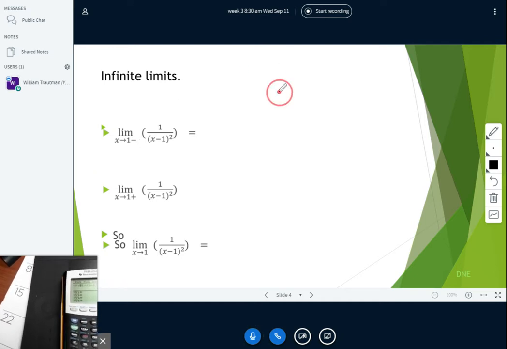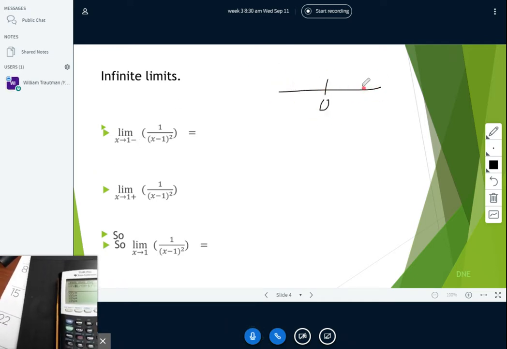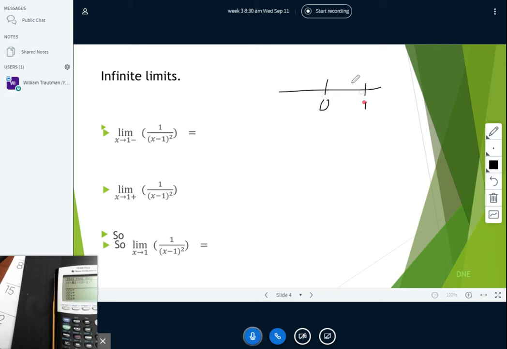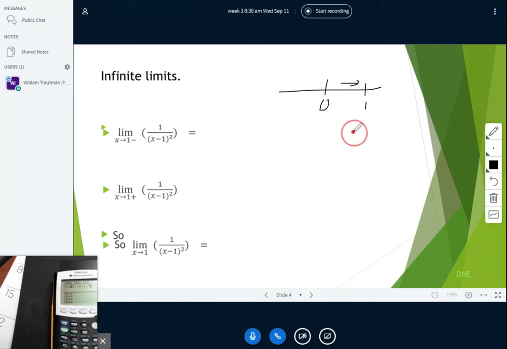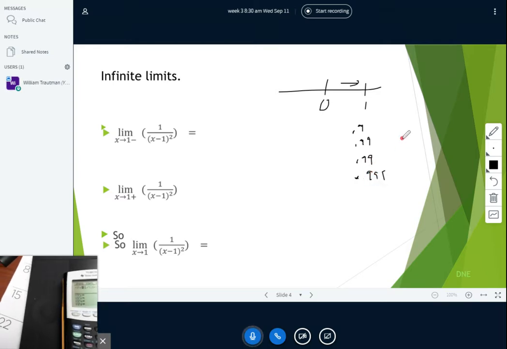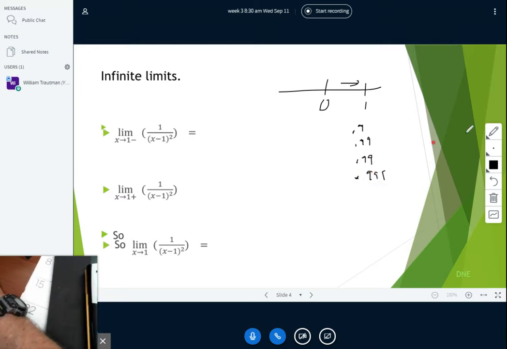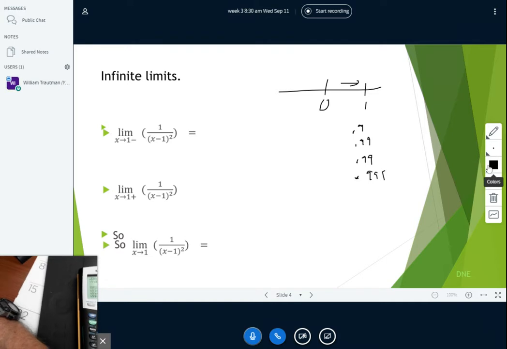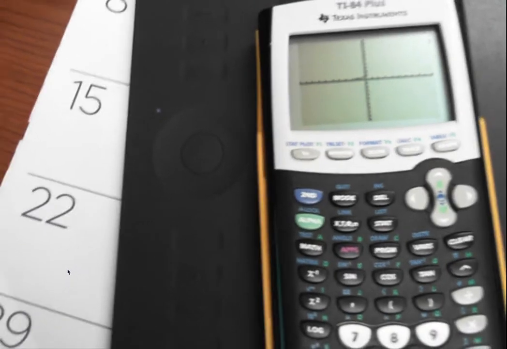Approaches 1 from the left. If you draw a number line, here is 0, here's 1. If I approach 1 from the left, I'm getting really close to 1: 0.9, 0.99. Do you see? I want to get closer and closer to 1, but not touch it. I'm just approaching it. So I want to look at what that equals if we get really close to 1 from the left. I'm checking my window, and then I'm going to graph it.